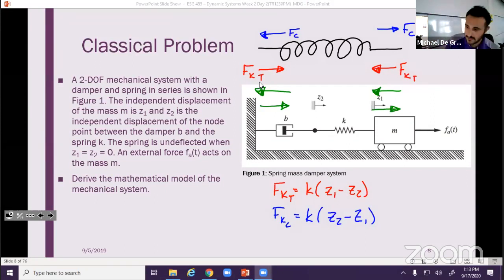I will grade it however you decide to draw it. But if you drew this in tension and you wrote the equation for compression, those things don't match. So make sure that you're adequately describing it mathematically.